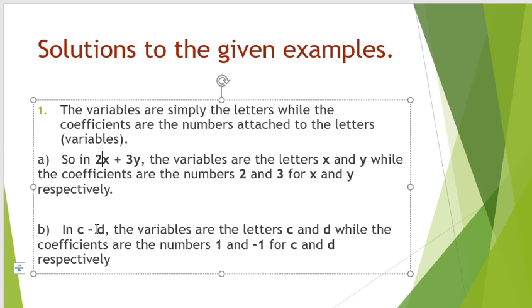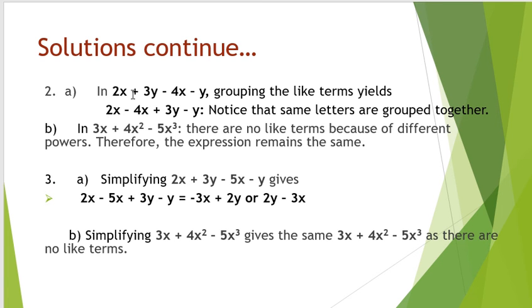There is a 1 here, and this negative sign belongs to this d, like I mentioned some other time. Therefore the coefficient of d is negative 1. This is what I've written: the variables are the letters c and d, while the coefficients are the numbers 1 and negative 1 for c and d respectively.